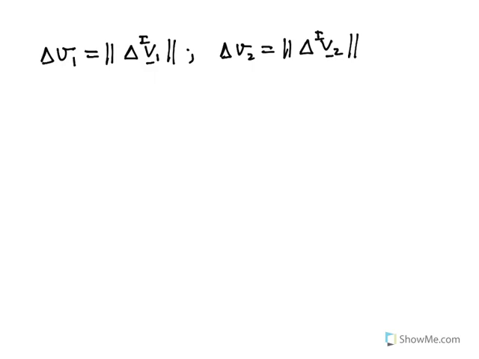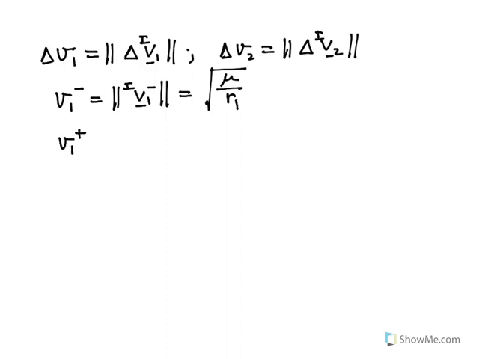Which is that if you look at V1 minus, that's equal to the magnitude of V1 minus I. And that's equal to the square root of mu over R1, because the initial orbit is circular, so it has to have a speed of square root of mu over R1. Now, let's look at V1 plus.